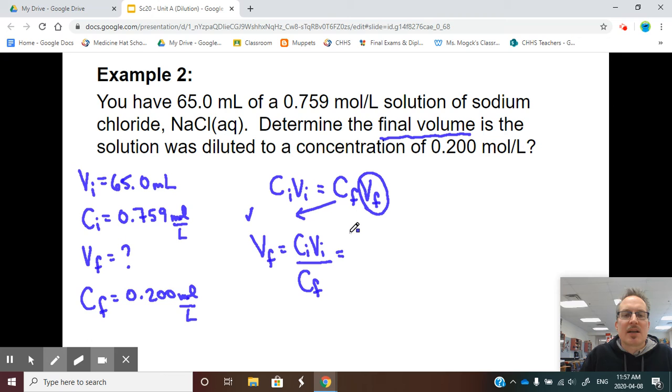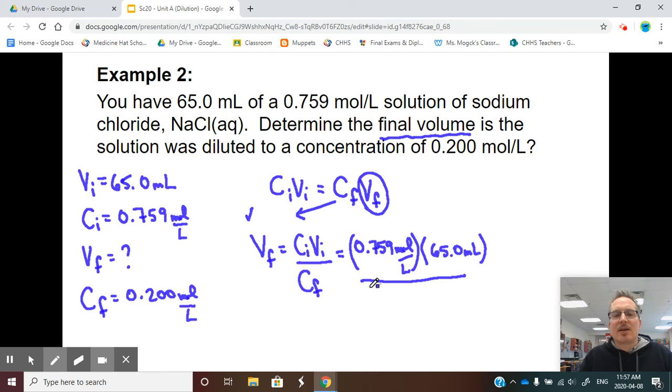We're going to sub in initial concentration, 0.759 moles per liter. We're going to multiply that by the initial volume, which was 65 milliliters. We're going to divide that by final concentration, 0.200 moles per liter.